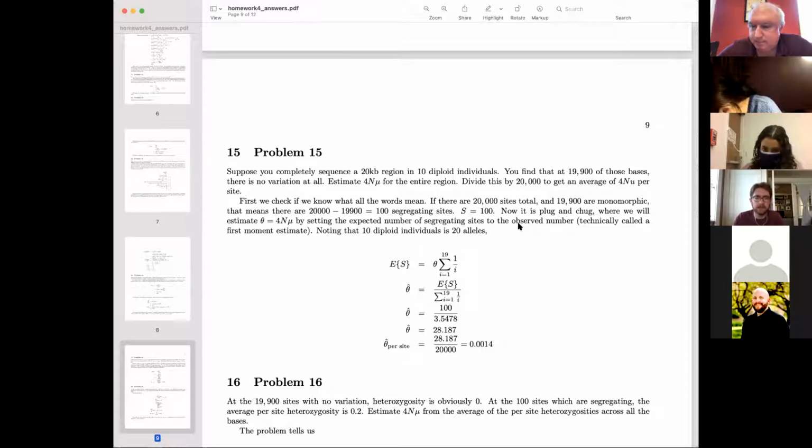So is a segregating site then just basically a place where there's variation? Yes. That is a population geneticist's term for a site where you see more than one allele in your experiment. God Almighty, that's an ancient word for it. But segregating here means that something is observable that obeys Mendelian laws in the experiment I'm doing.